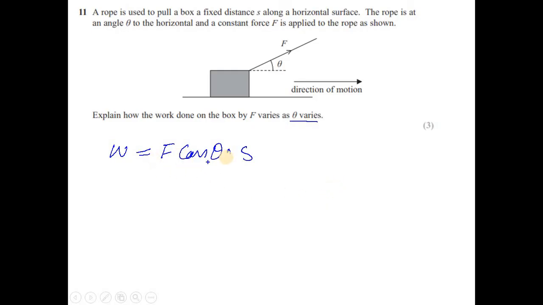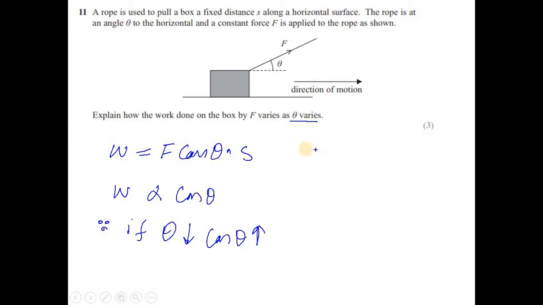So generally, for a given distance and given force, work done is directly proportional to the cos of theta. And if you decrease the value of theta, then the value of cos theta will increase.